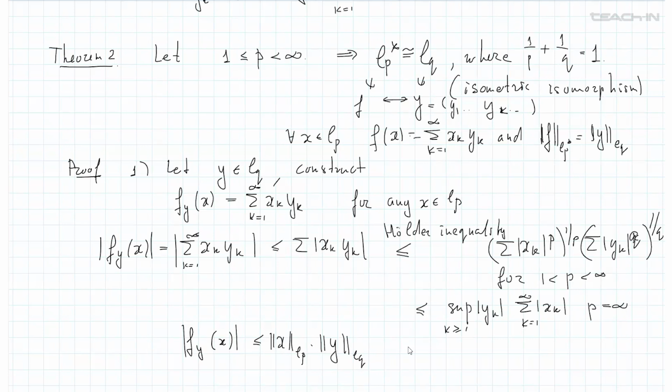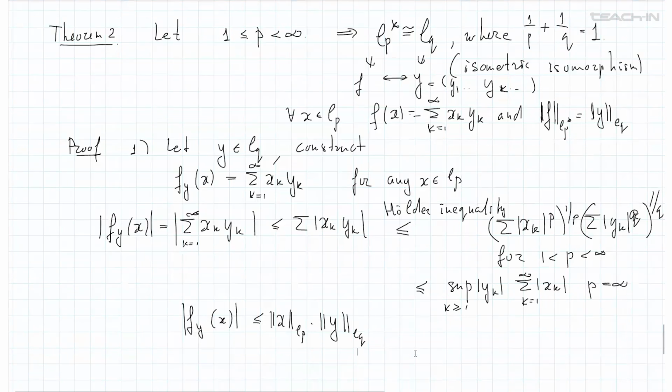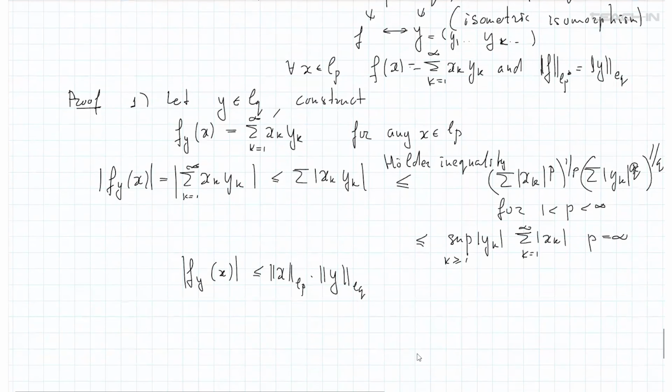So we know that for p which is not 1, the Hölder inequality is precise, so we can take xk equals yk to the power q minus 1 times signum yk.